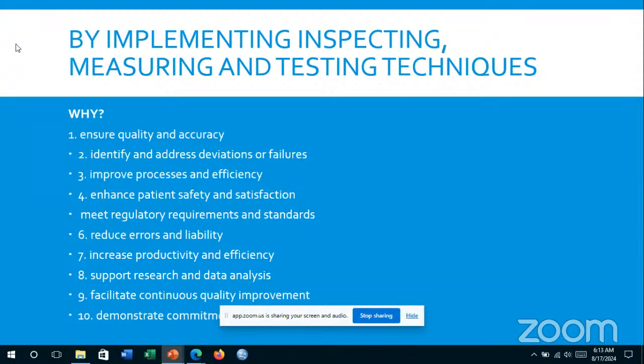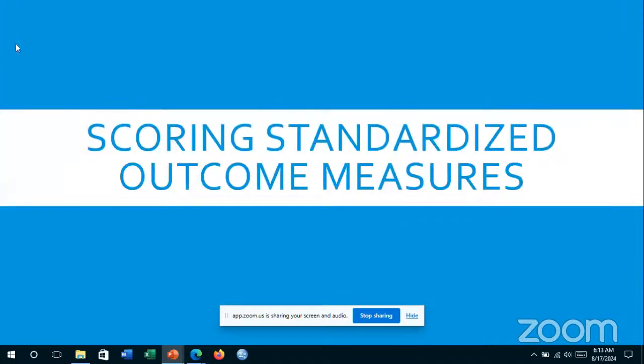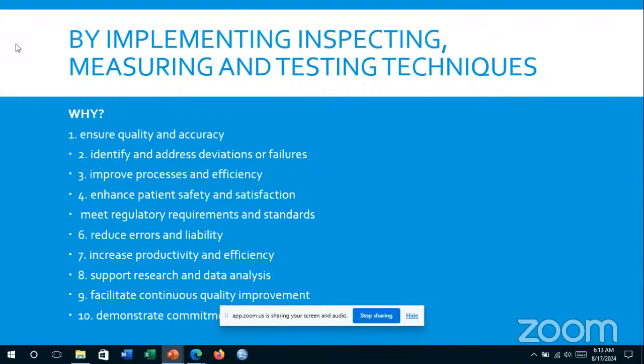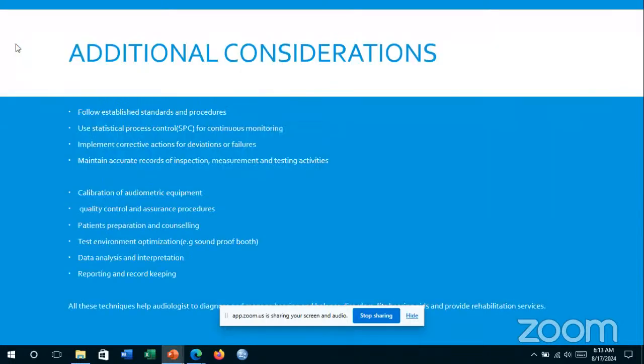There are certain things to put into consideration when we are doing this implementation as well. And one of them is patient preparation and counseling.